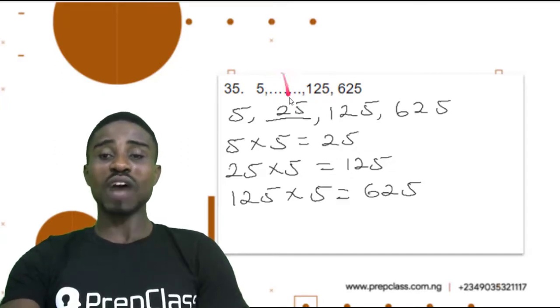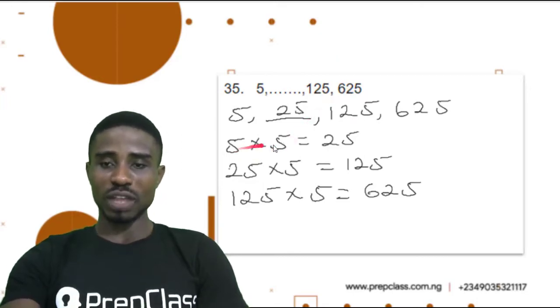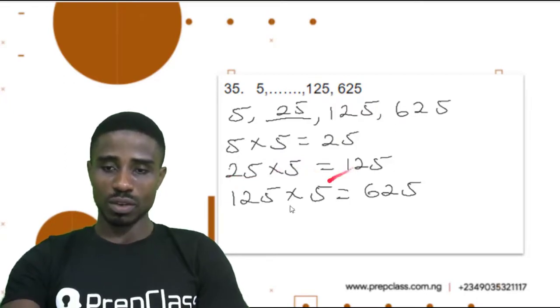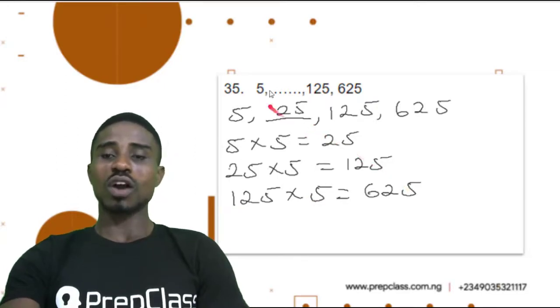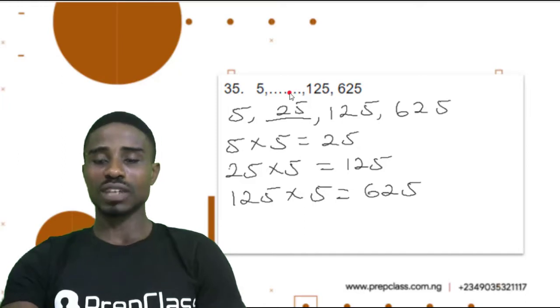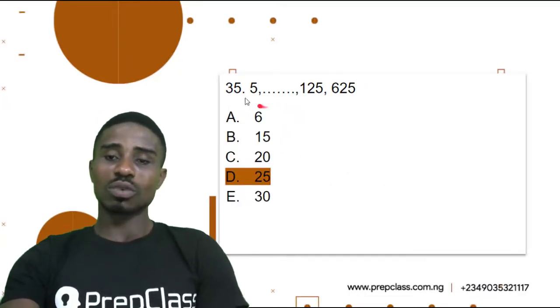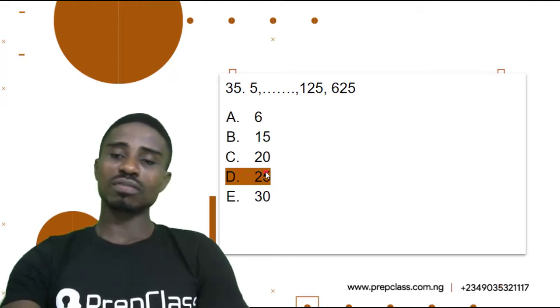So 5 times 5 is 25, 25 times 5 is 125, 125 times 5 is 625. So our correct answer here would be 25. Let's check it out. Question 35, our correct answer is option D, 25.